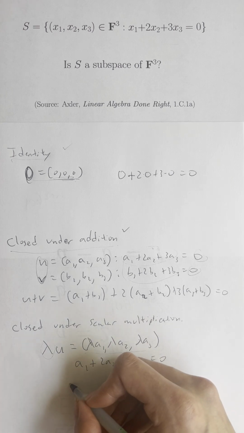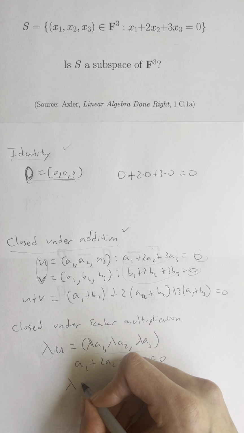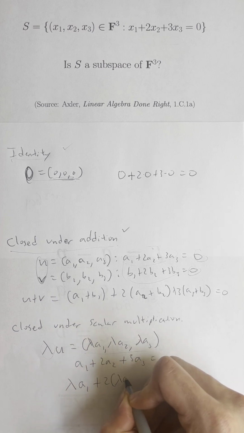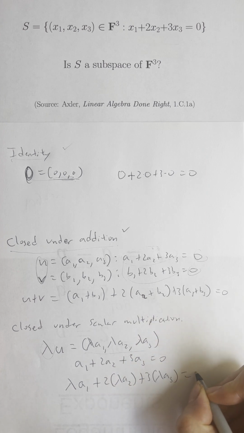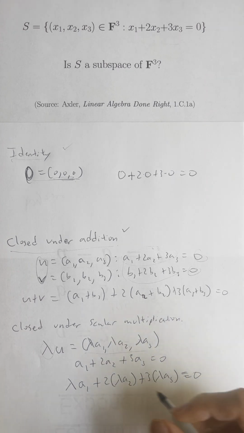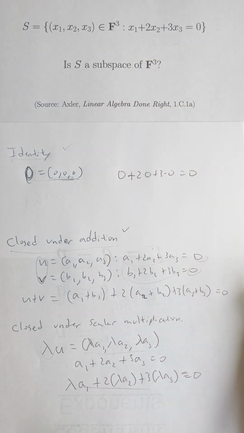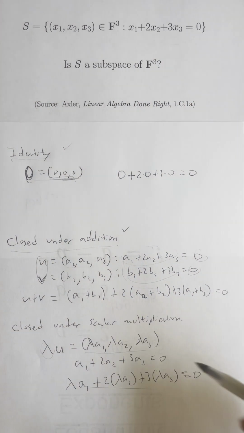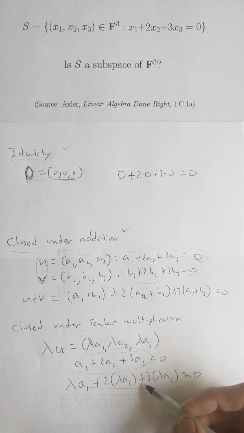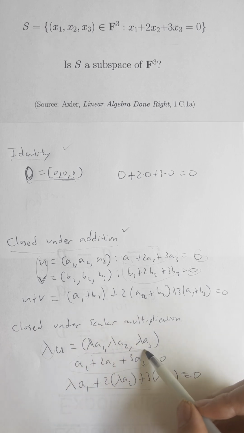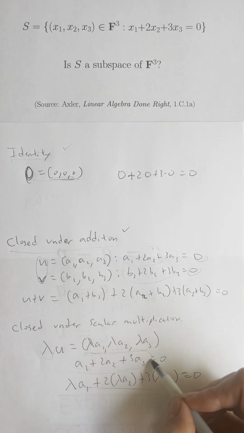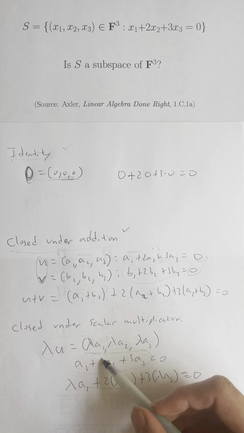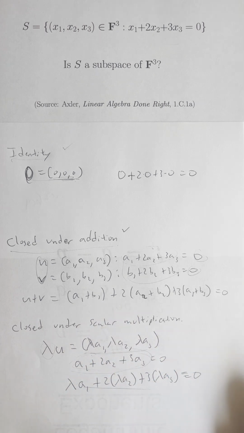We're going to get lambda a1 plus 2 times lambda a2 plus 3 times lambda a3 is equal to 0. Okay, so that means this condition is met. Basically it comes down to how can I manipulate this equation in order to check that this satisfies this. And I just multiplied by lambda in order to get it to look like this.